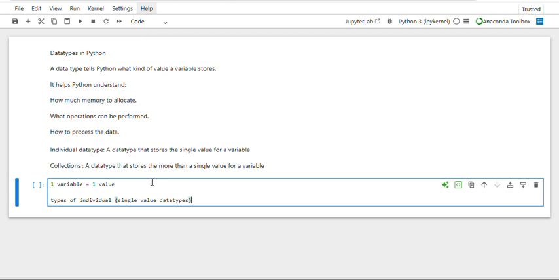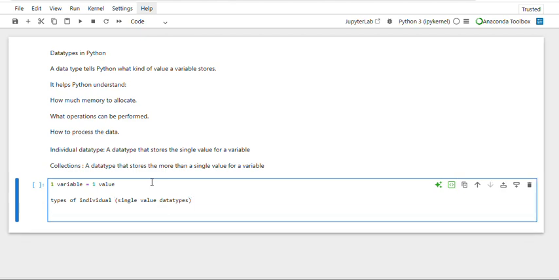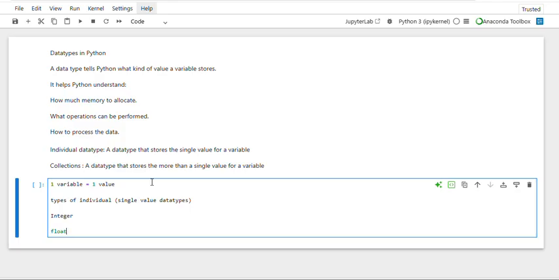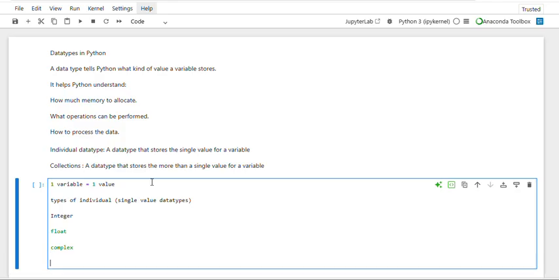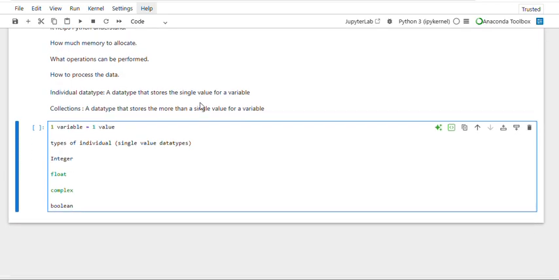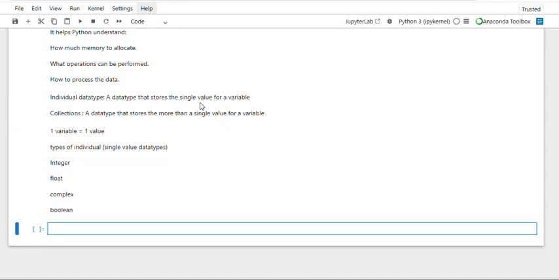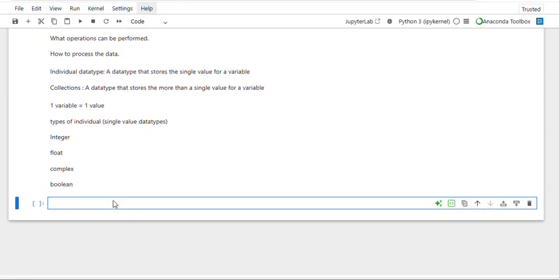Both are the same. First one is the integer, second one is the float data type, third one is the complex, and fourth one is the boolean data type. So these are the four types of data types that Python contains to work with. Let us start one by one.